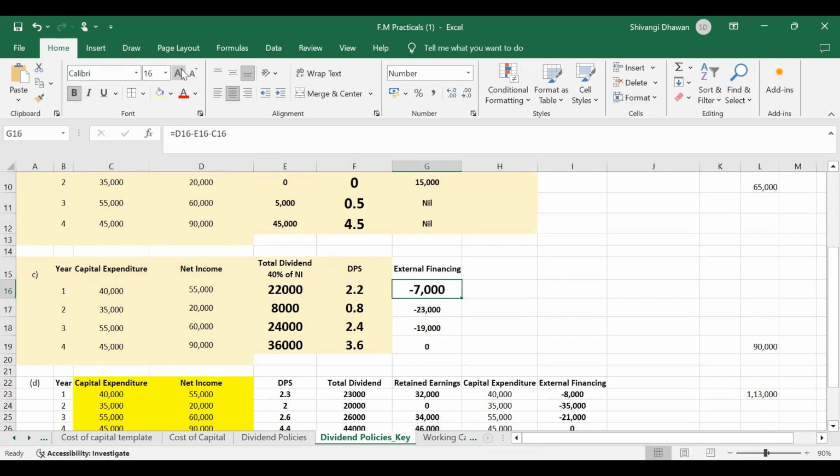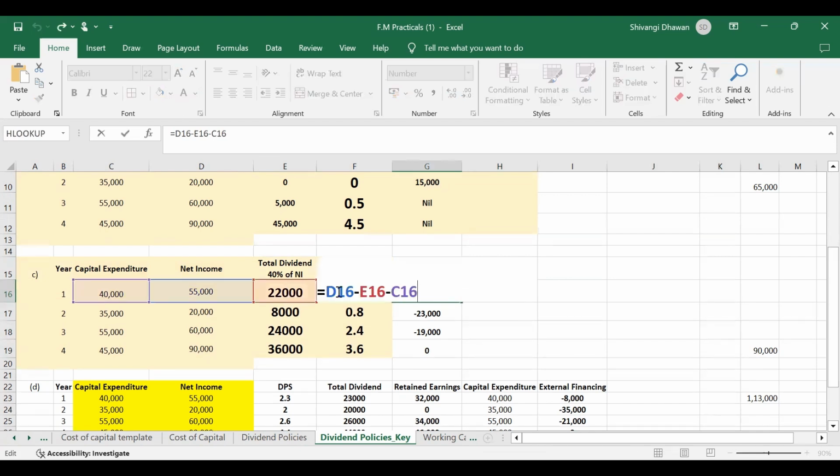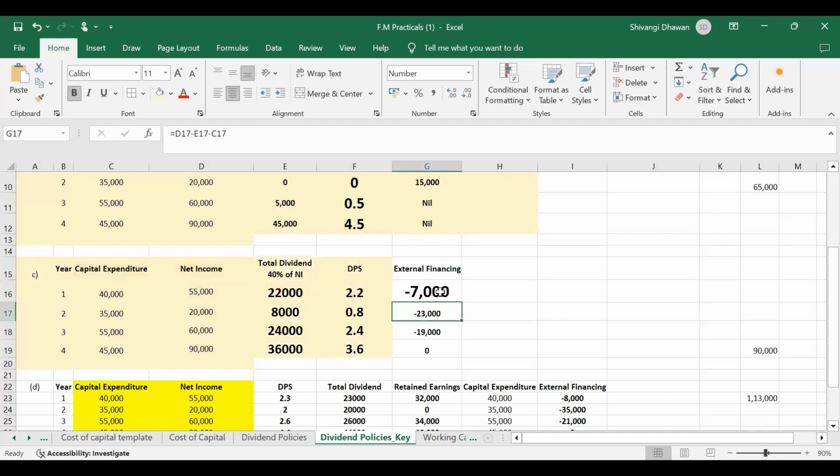So you will use this formula here, that is D16. D16 is 55,000, that is our net income, minus our dividend. After subtracting the dividend and the capital expenditure, what else do we require? We still require 7,000 rupees. So we will be raising this money through external financing for the company.